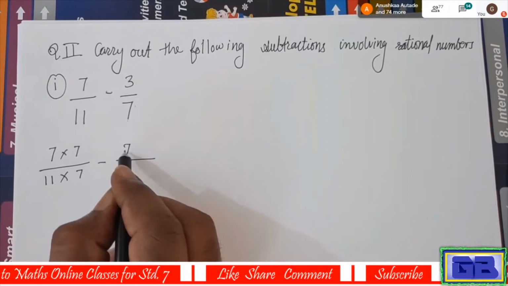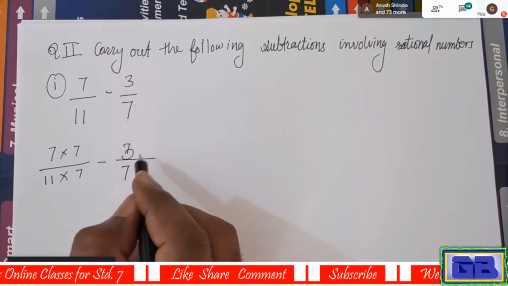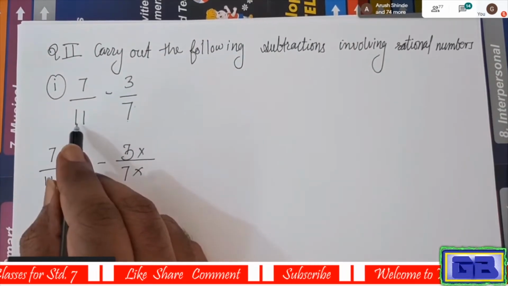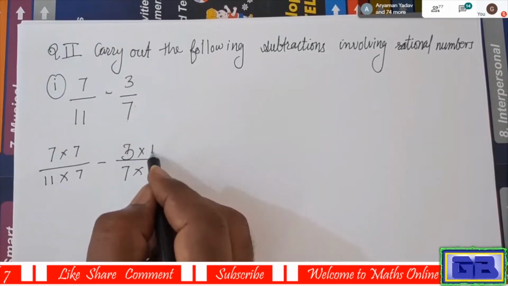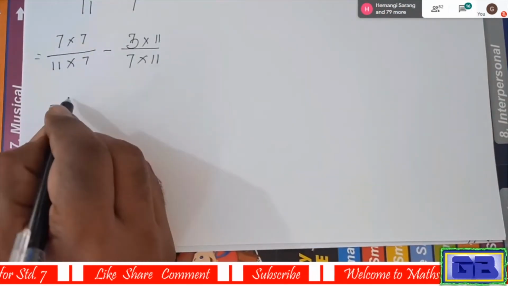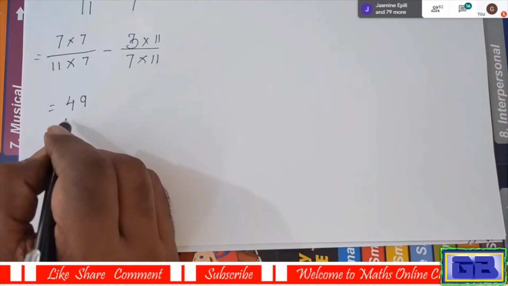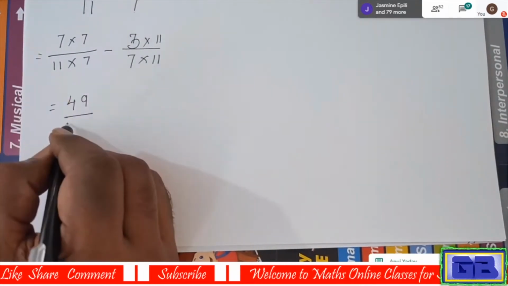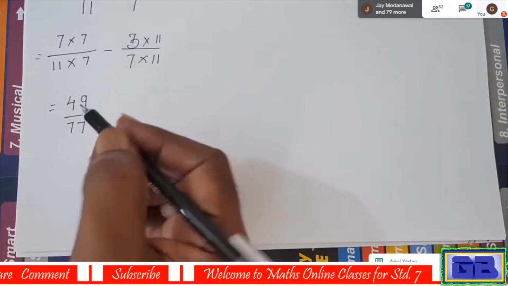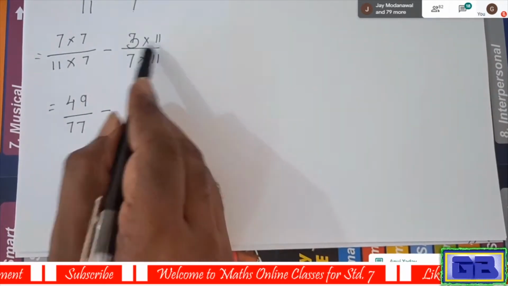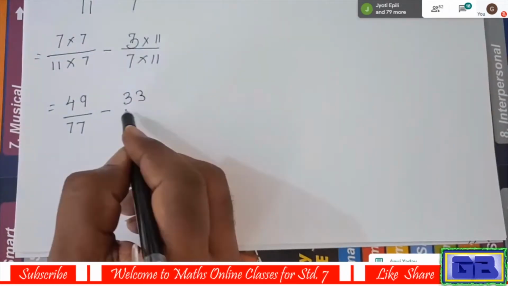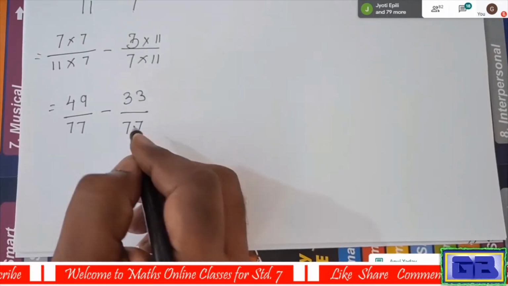This denominator we are multiplying to this first fraction, minus sign as it is. Second fraction, 3 upon 7, we will multiply with this 11. So 7 sevens are 49 upon 11 sevens are 77, minus 11 threes are 33 upon 77.